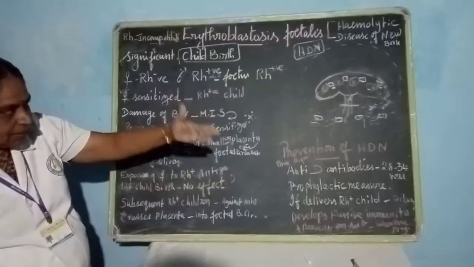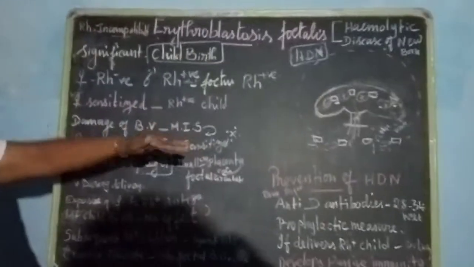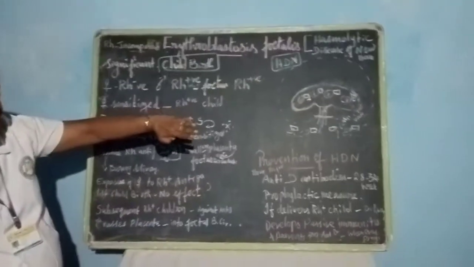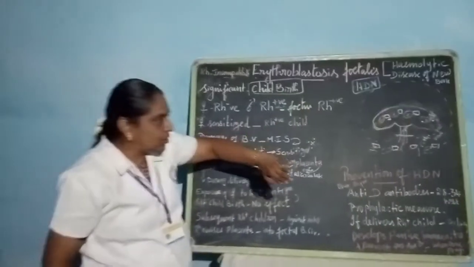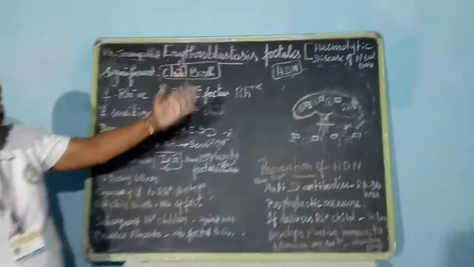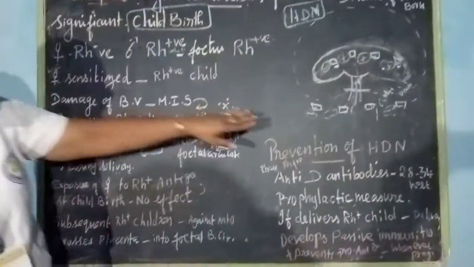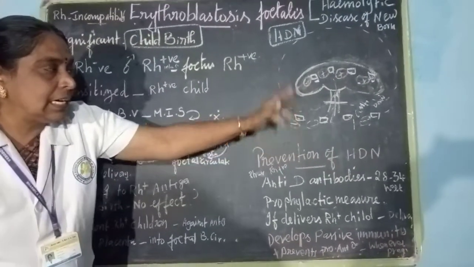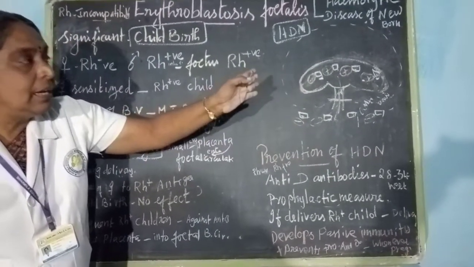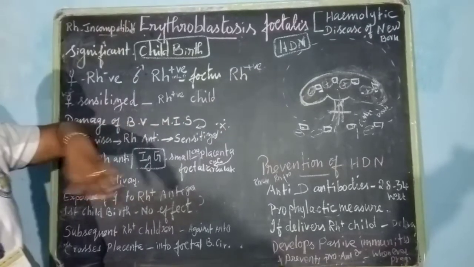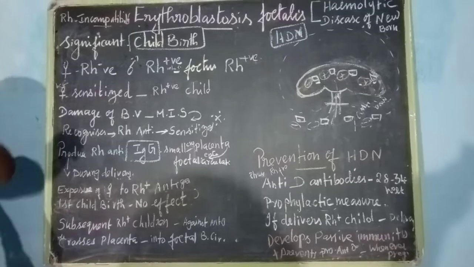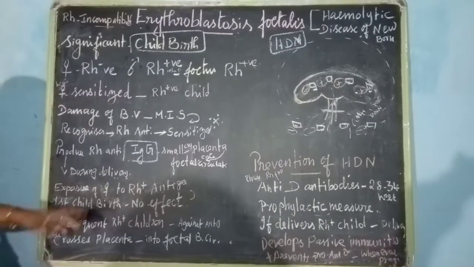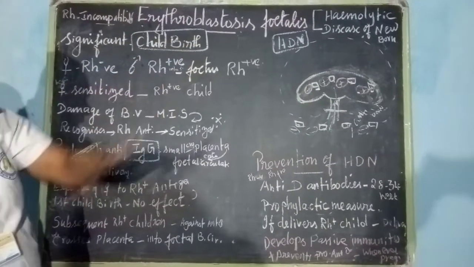First the antibody is formed by the mother, and in the first birth it didn't go inside the fetus. But in the second delivery, it passes across the placenta, enters the fetus and attacks the erythrocytes. So it causes erythroblastosis fetalis.